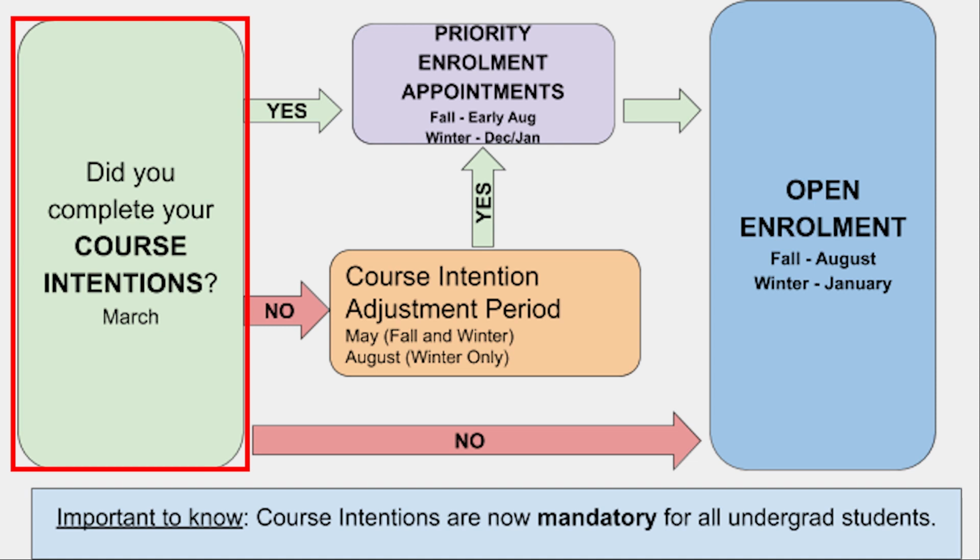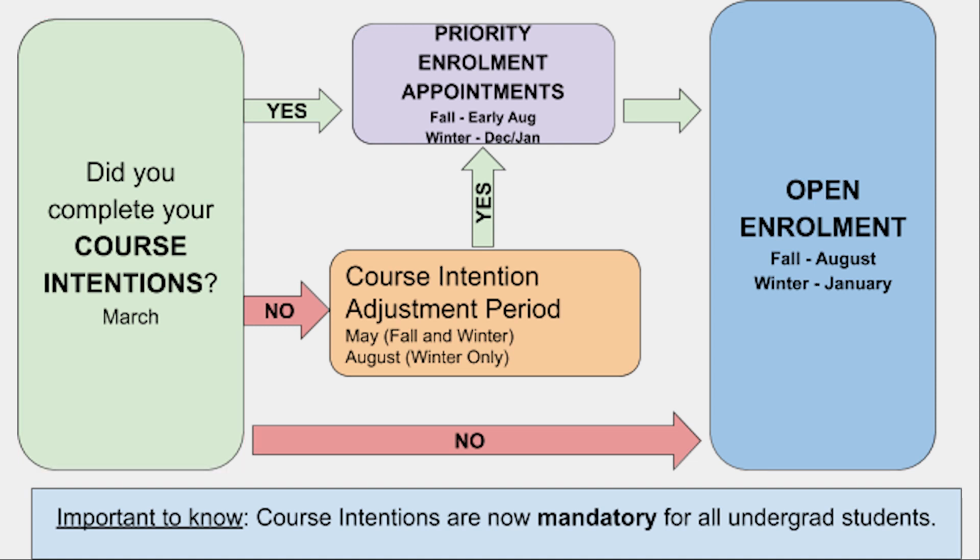Following this period, there is also an opportunity later in the spring for students to make changes or additions known as the course intention adjustment period. If you participated in course intentions, the courses submitted will be used to build a timetable subject to availability, space, and program. Students are given the option when participating in courses through course intentions for fall only, winter only, or fall and winter.